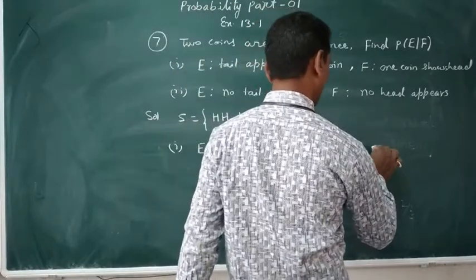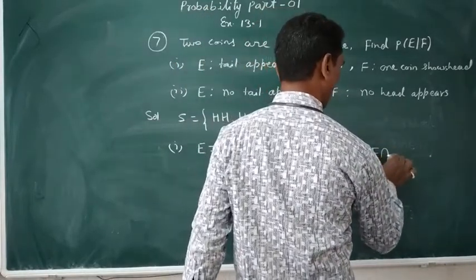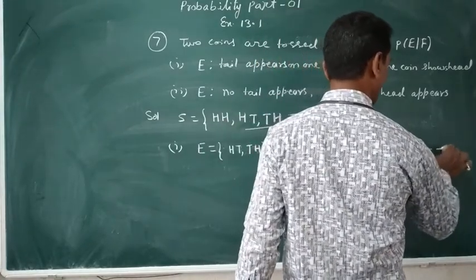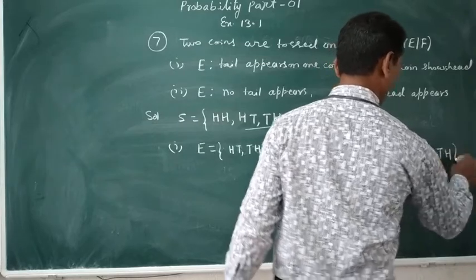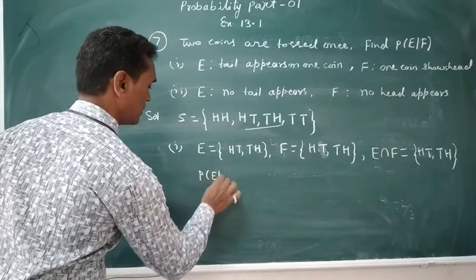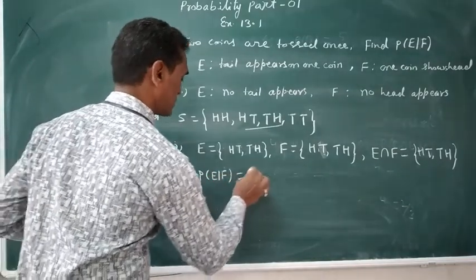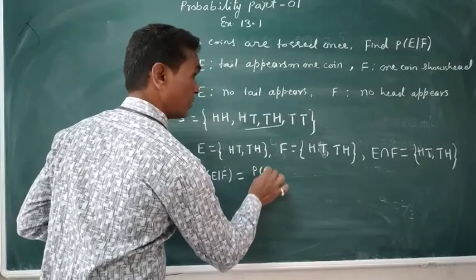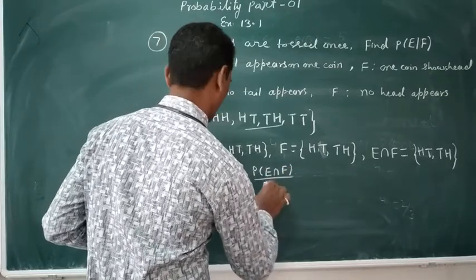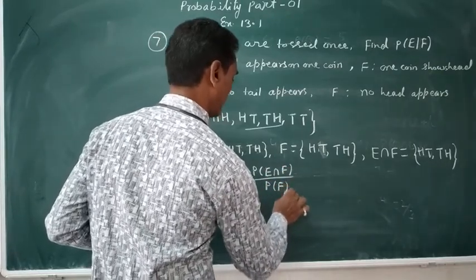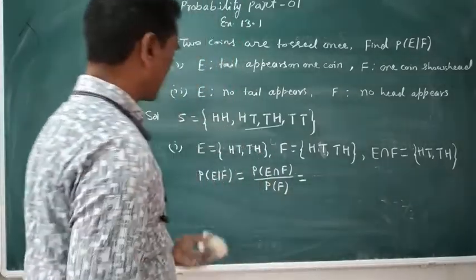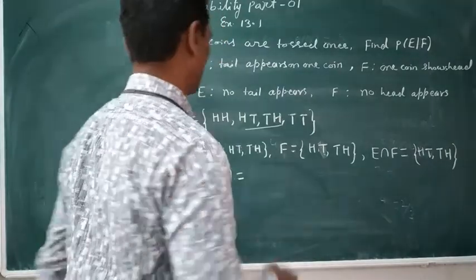Now E intersection F is the same, HT and TH. So probability of E given F, according to the formula, is probability of E intersection F by probability of F. Here we can apply the number of elements formula, no need to divide.